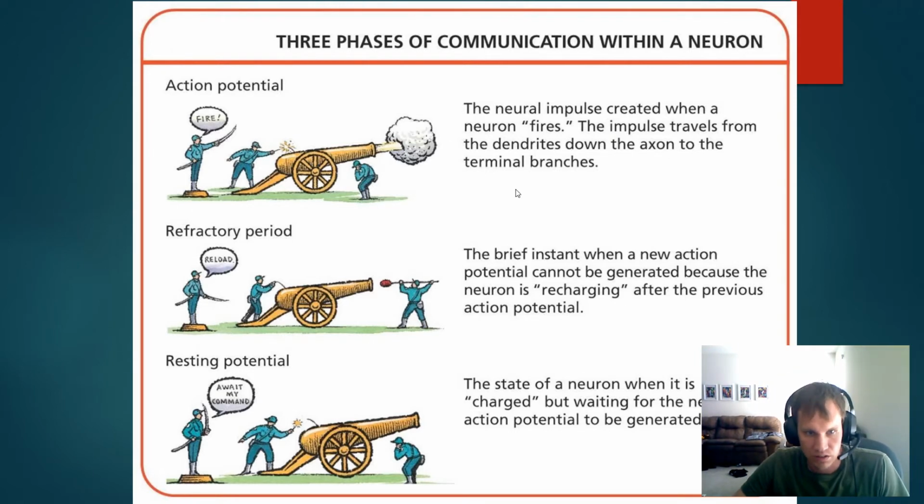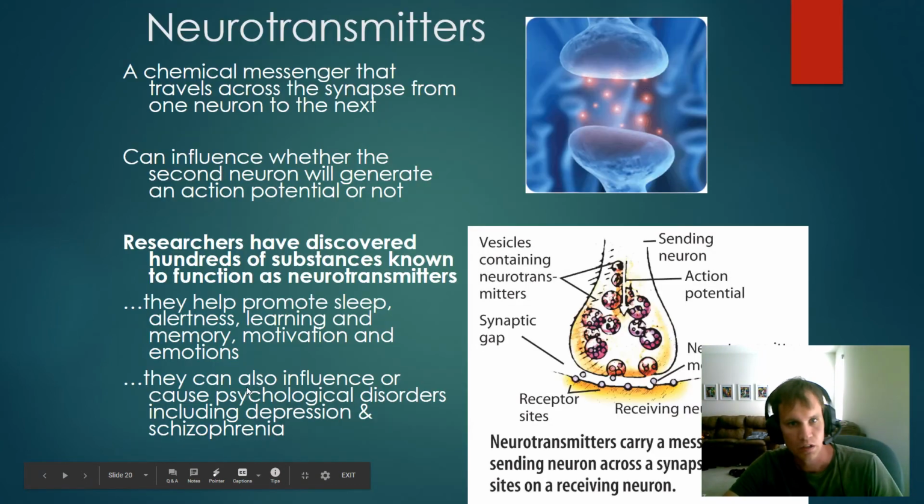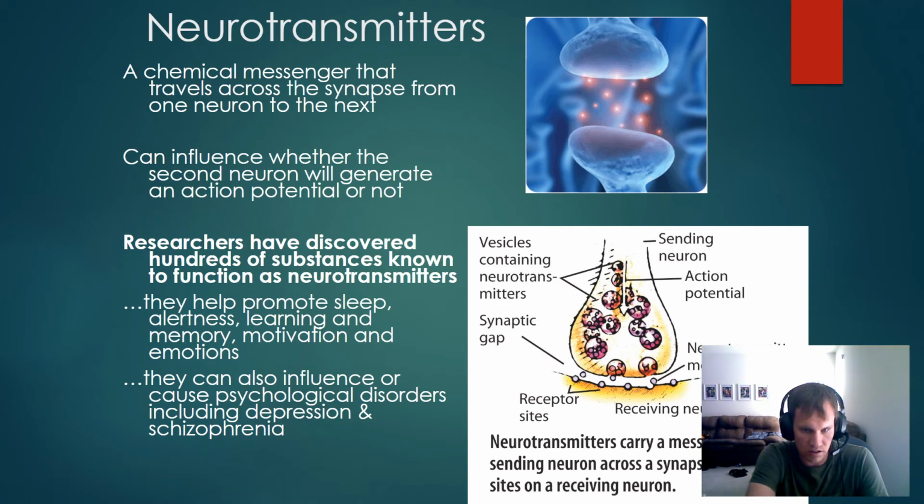So again, action potential, the actual action happening; the refractory period, the recharge to get ready to do it again; and the resting potential, where we're ready to go whenever we get the signal to fire again. The electrical part going down the axon happens in the neuron itself, and then you have the transmission of neurotransmitters.